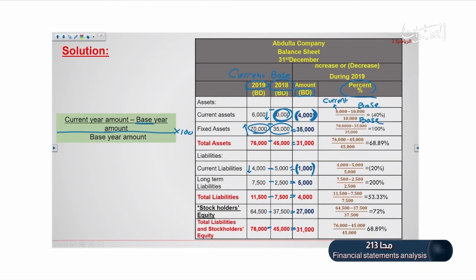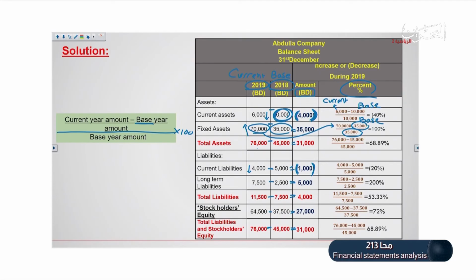The same we apply for the whole numbers. 70,000 minus 35,000, the base year over base year, multiply by 100, it will equal 100%.